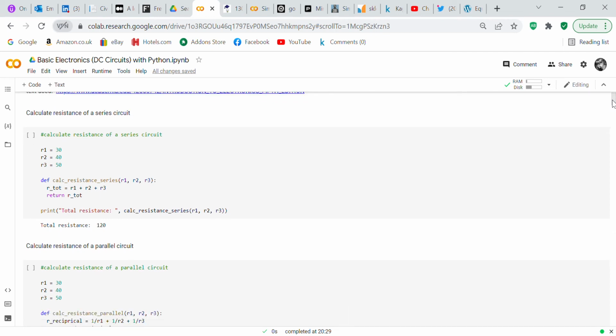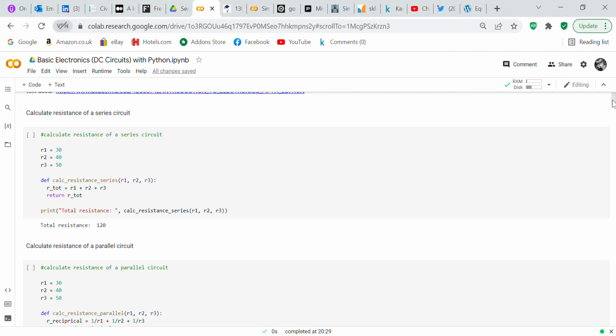So the first thing we're going to do is calculate the code review of a series circuit. This series circuit has 3 resistors in it, R1, R2, R3, at 30, 40, and 50 ohms. So we've created a function called calc resistance series that accepts R1, R2, R3 as the input.